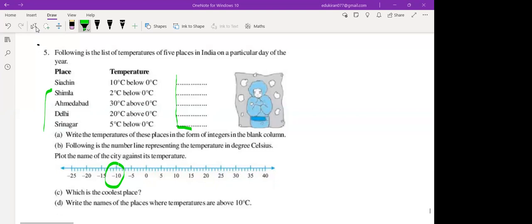Okay, ma'am. Ma'am, coolest place means above, like, is it positive or negative? Negative.